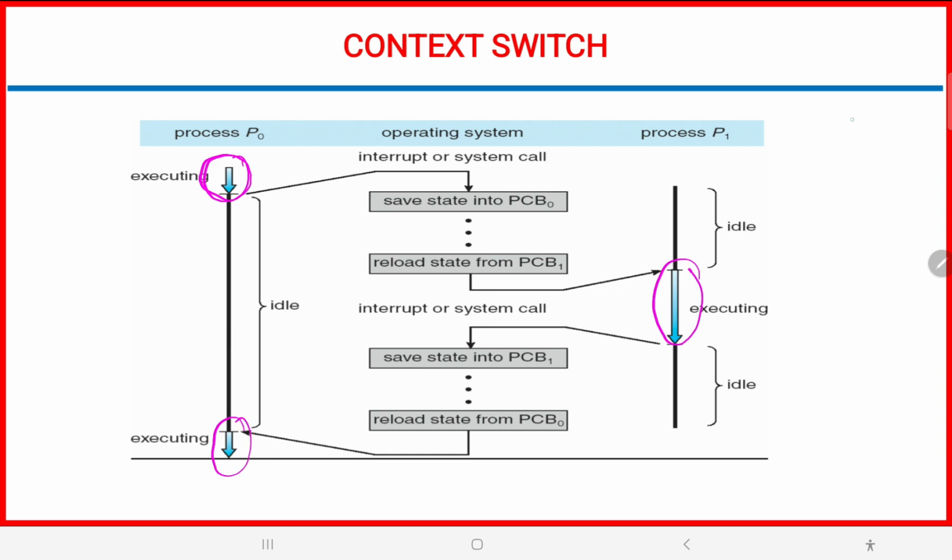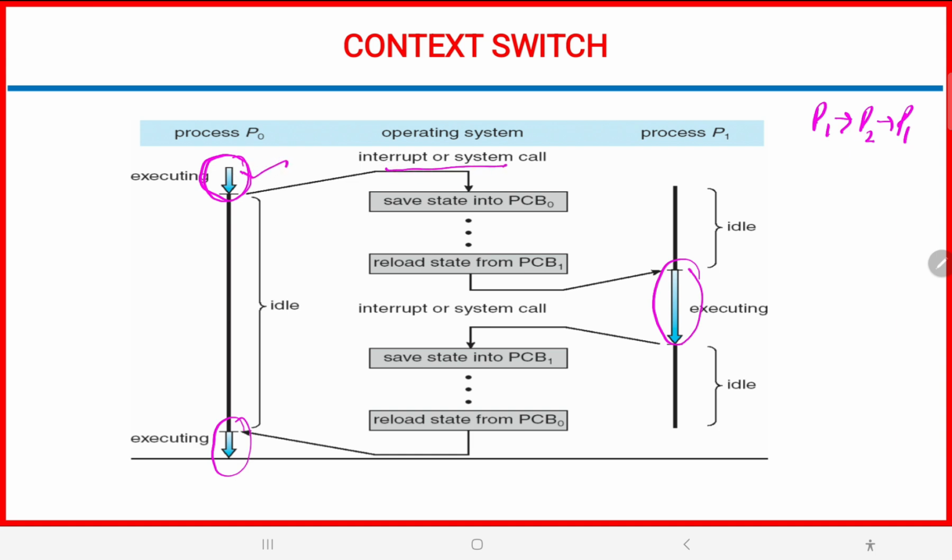Here, what we are saying is, P1 was executing, then P2 came for execution, then again P1 got the access of execution. So the sequence of execution was beginning with P1, then P2, and then P1. So if you see, process P0 was executing.